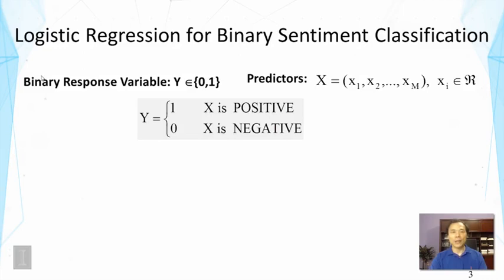And the y has two values, binary response variable, 0 or 1. 1 means x is positive, 0 means x is negative. And then, of course, this is a standard two-category categorization problem. We can apply logistic regression.